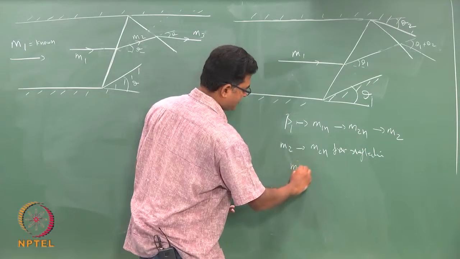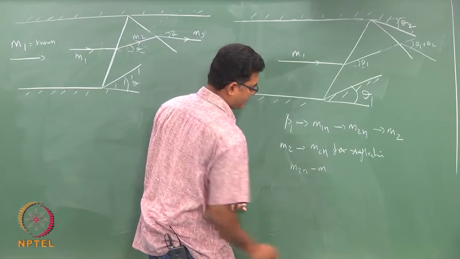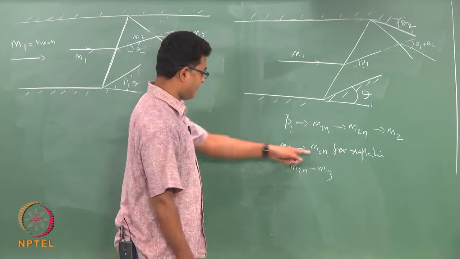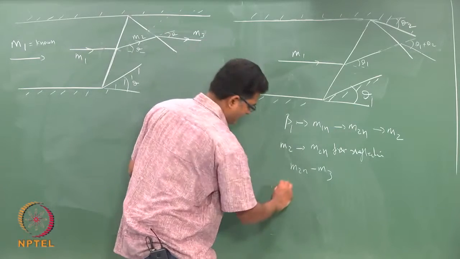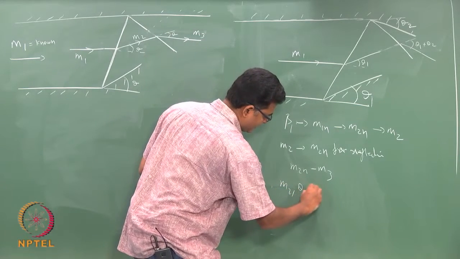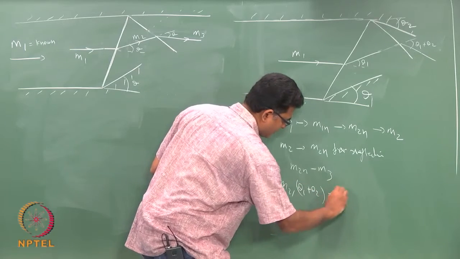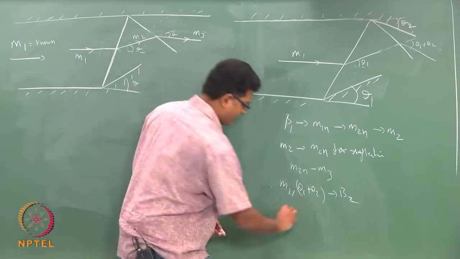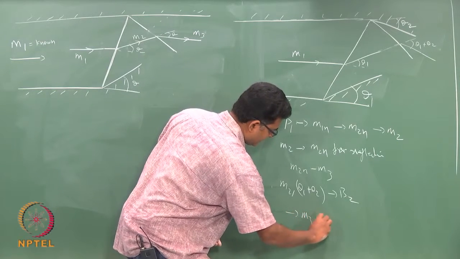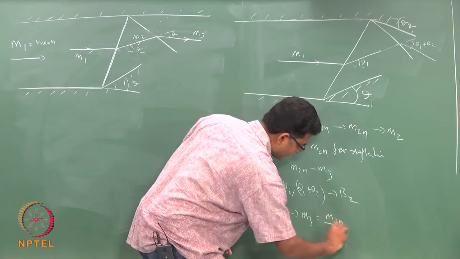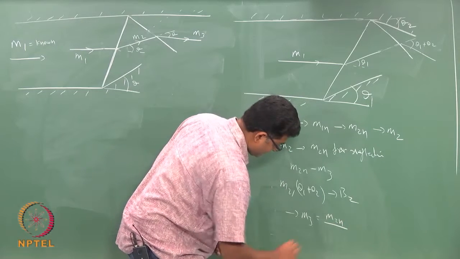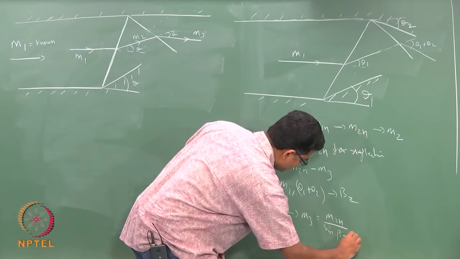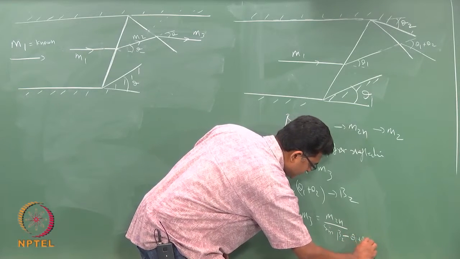From M2 and theta 1 plus theta 2 I would get beta 2, and I would easily get M3 based on M2n divided by sin of beta 2 minus theta 1 plus theta 2.